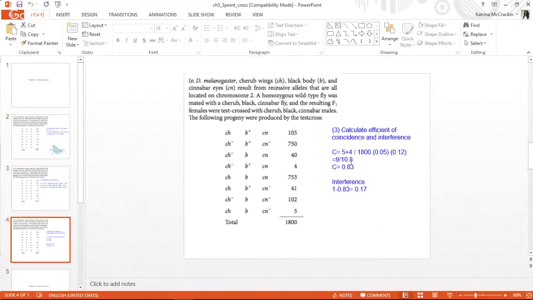So when you calculate that, you get 9 over 10.8, which totals out to be 0.83. But you have to remember to also subtract that from 1. So you do 1 minus 0.83, and you get 0.17. And that will be your total answer for the calculation of that, 0.117.